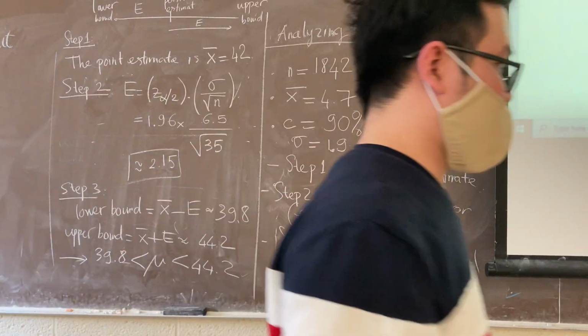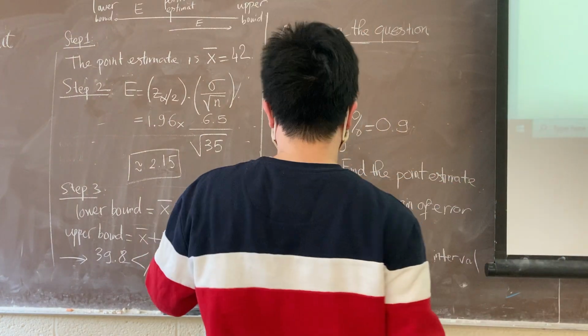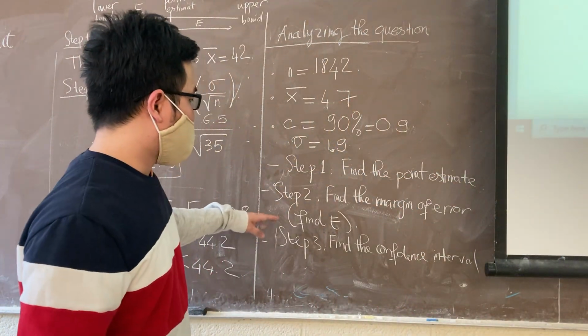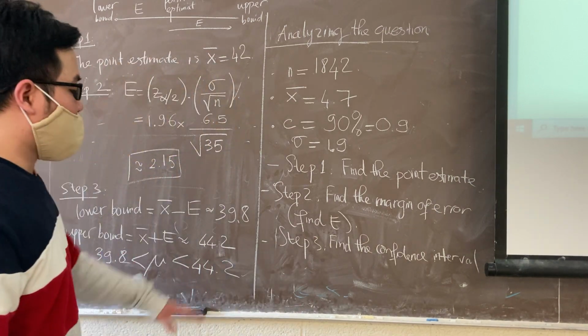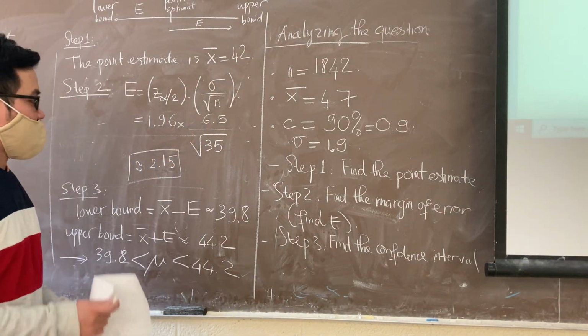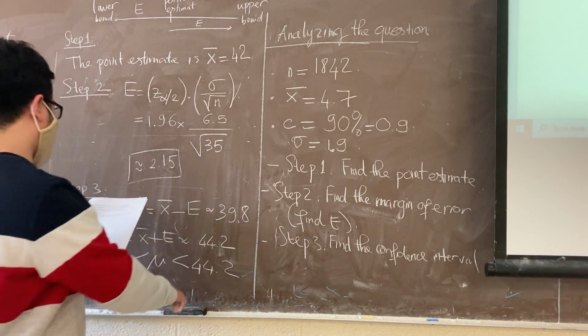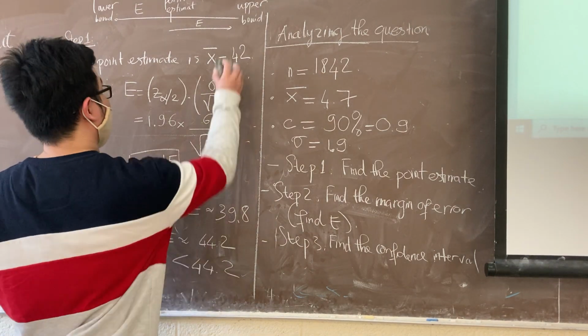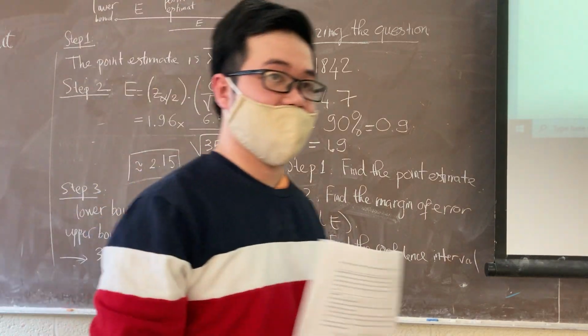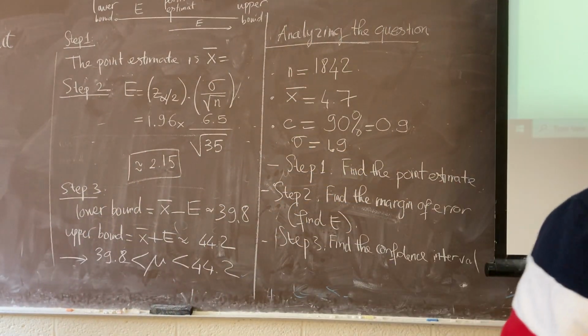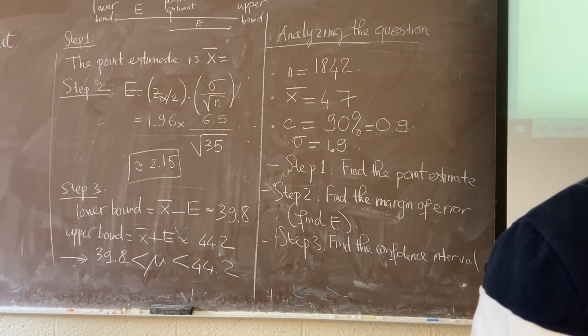You do it similarly, in three steps. Step 1, find the point estimate. Step 2, find the margin of error. Step 3, find the confidence interval. So now, what is the point estimate here? What is the point estimate in this example?